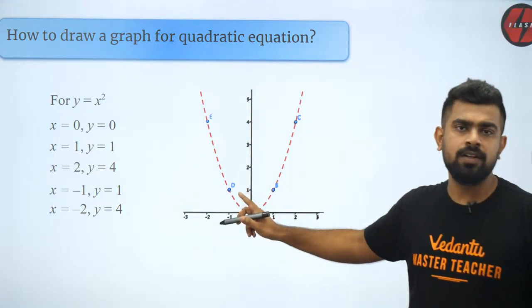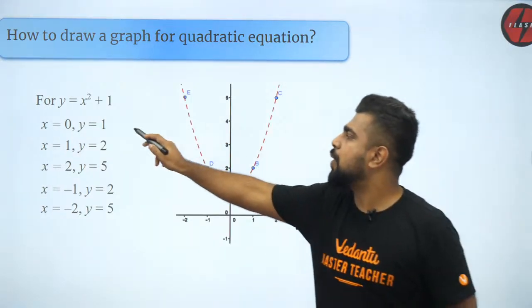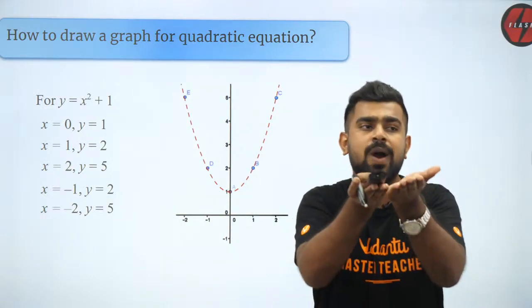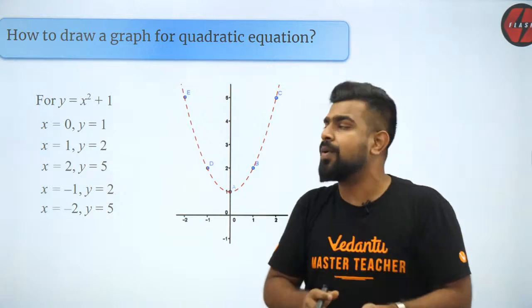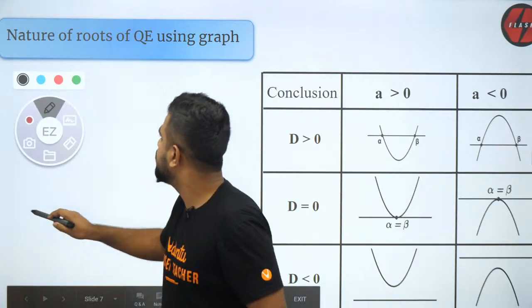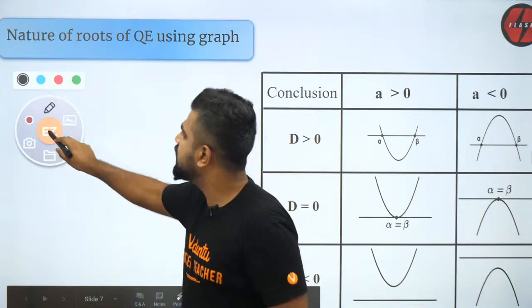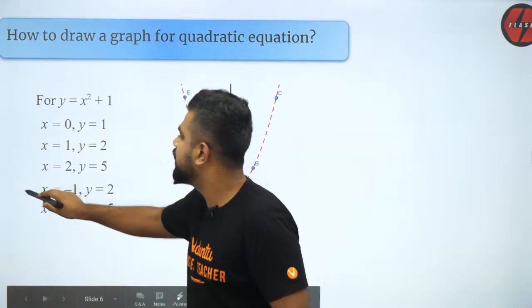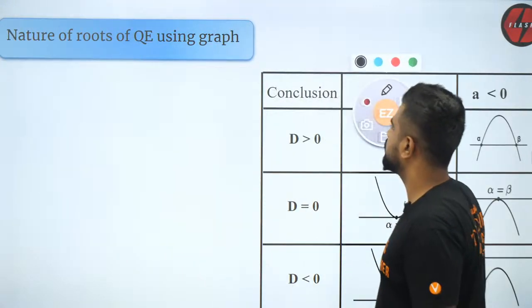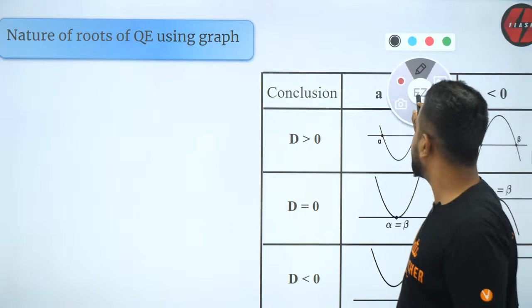Very simple. The next one is x square plus 1. So when you have x square plus 1, the graph of x square is just shifted upwards by 1 unit. Okay. So this is nothing but the graph of x square shifted upwards by 1 unit. Let me go there. Okay, 1 second.